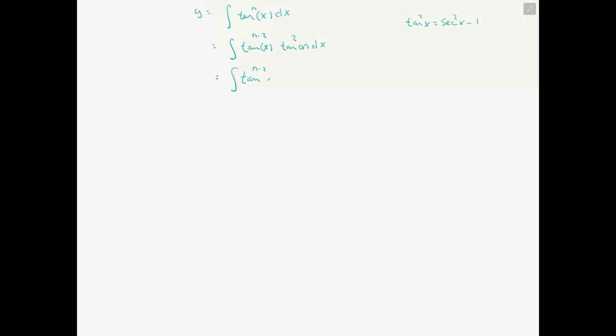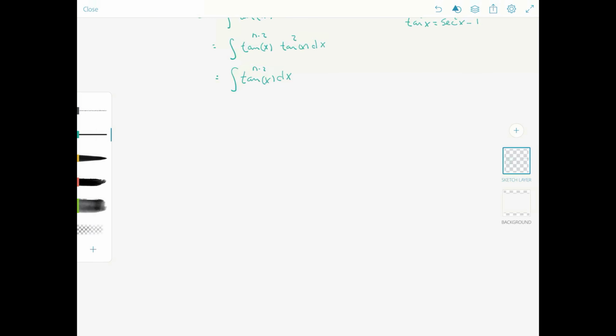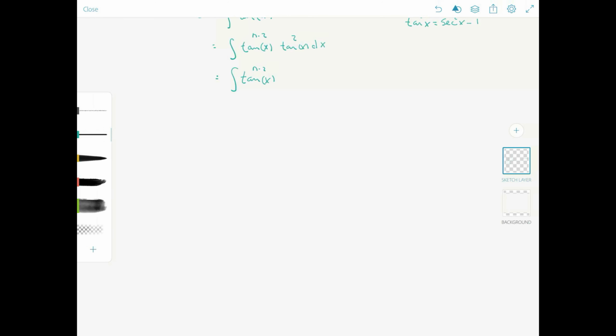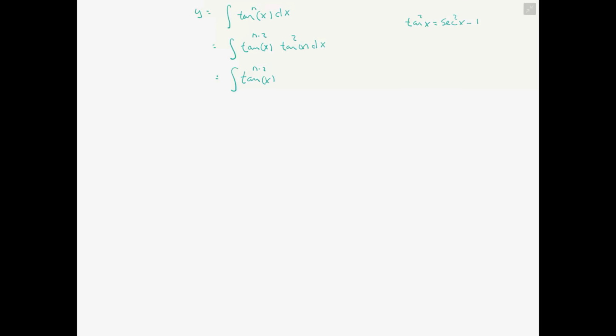And then tangent squared, we know, is equal to secant squared x minus 1.